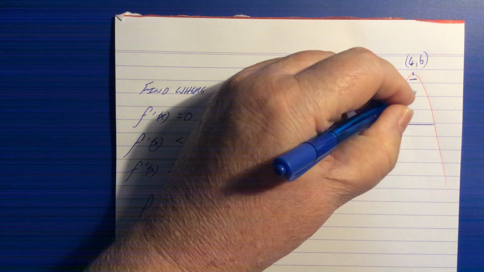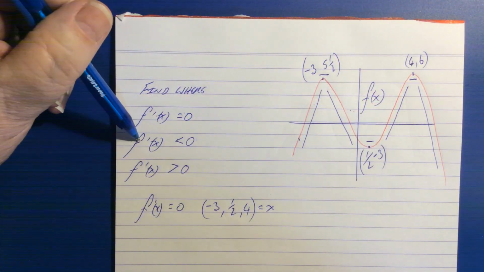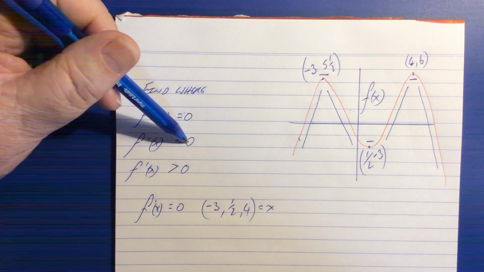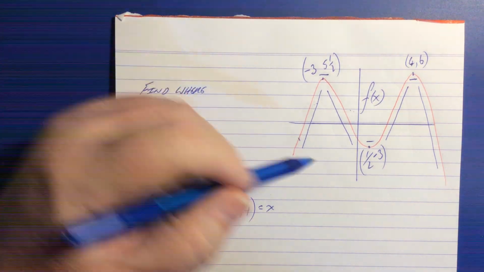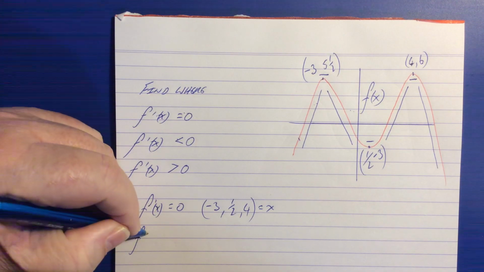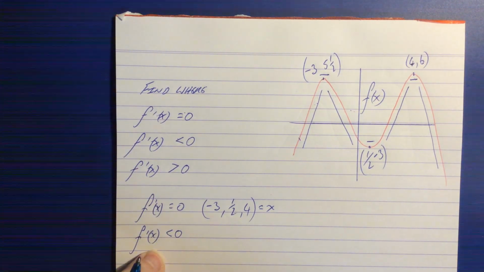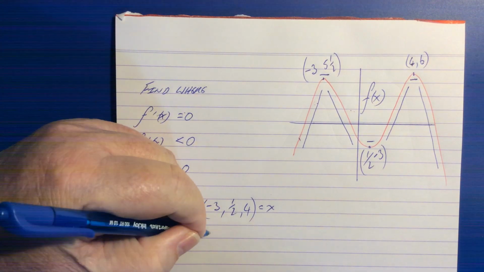Here, it's negative. So taking this in order, where is the derived function of x less than 0, i.e. negative? It is negative between, so just let me get this written, less than 0, meaning it's negative.